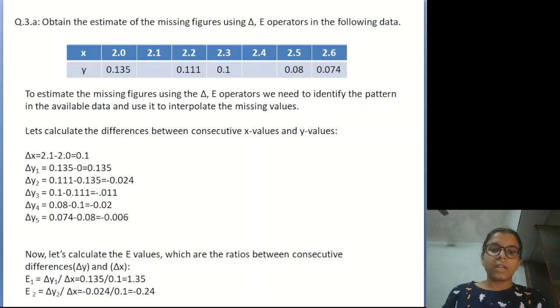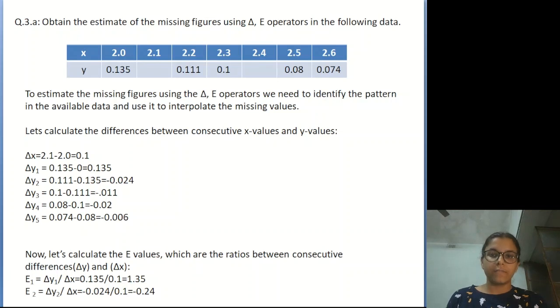now let's calculate the E value, which is the ratio between consecutive delta y and delta x. And so you can see here we have a formula, that is E is equal to delta y by delta x.